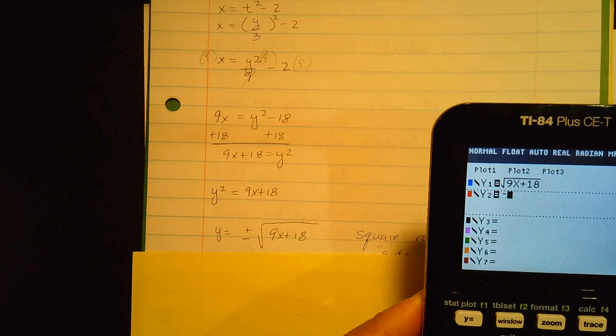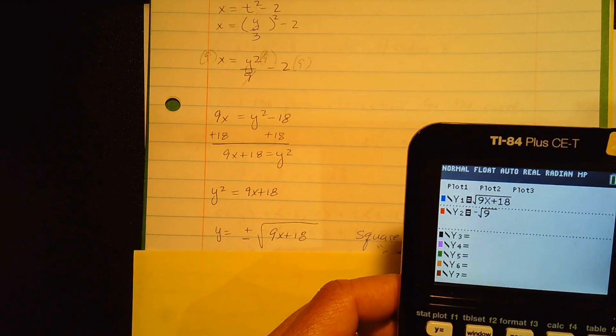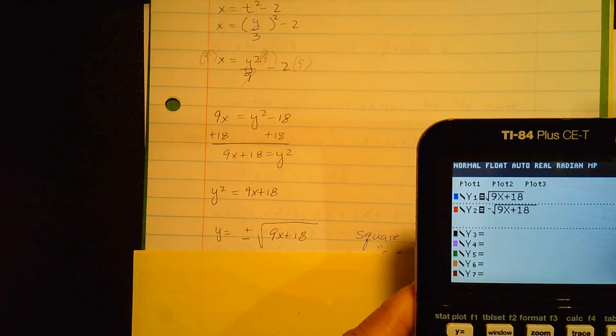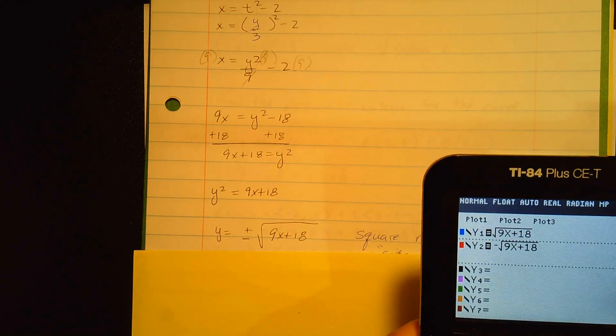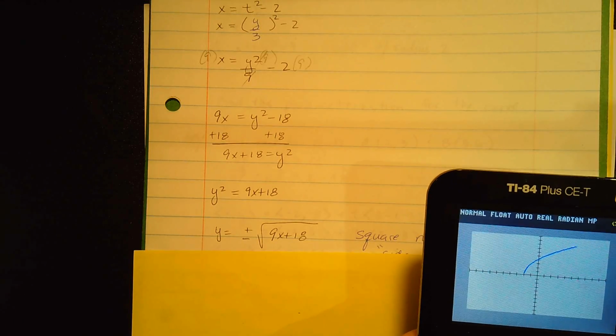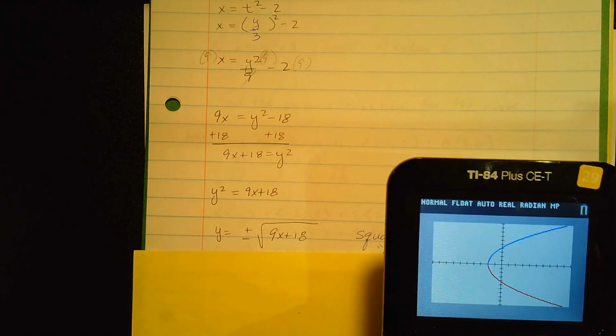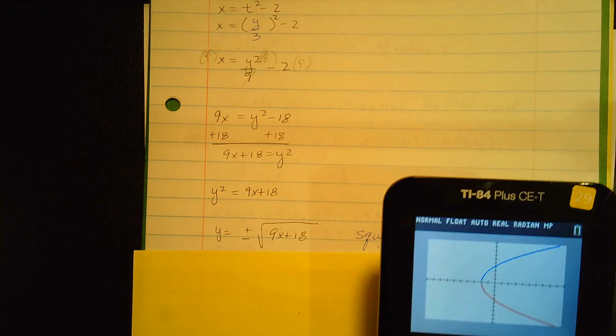So negative, and then do, again, the square root of 9x plus 18. Okay? And now we are going to graph, and there is your sideways parabola. Okay? All right. So next topic.